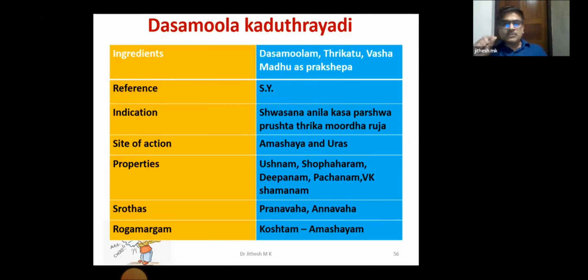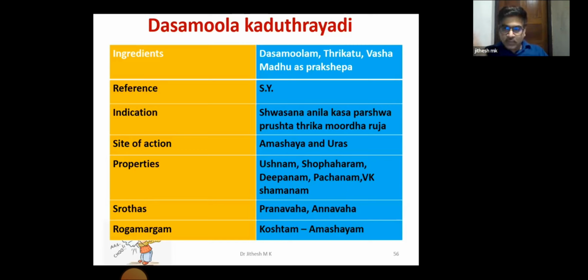But because of the presence of Dasamula, this Dasamula Kataryadi has got an extra added property, that is Shothahara. How does it reduce Shotha in the Urus? Not all Shotha. This cannot be given in the Shotha of the pedal edema, or the abdominal edema, etc. This Shotha typically refers to the edema related to the chest, the lungs.